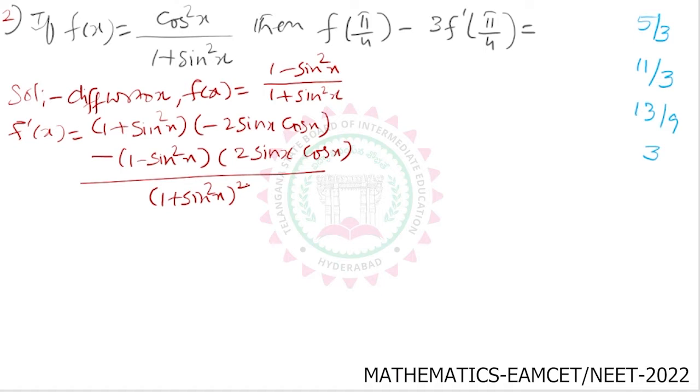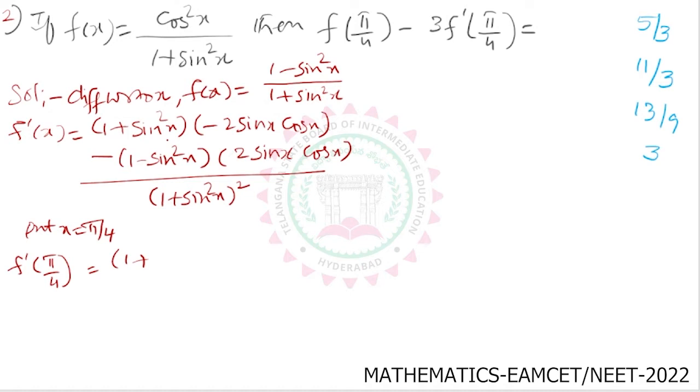So if I substitute x is equal to pi by 4, this becomes f dash of pi by 4 is equal to 1 plus, pi by 4 is 45 degrees, sin 45 is 1 by root 2.